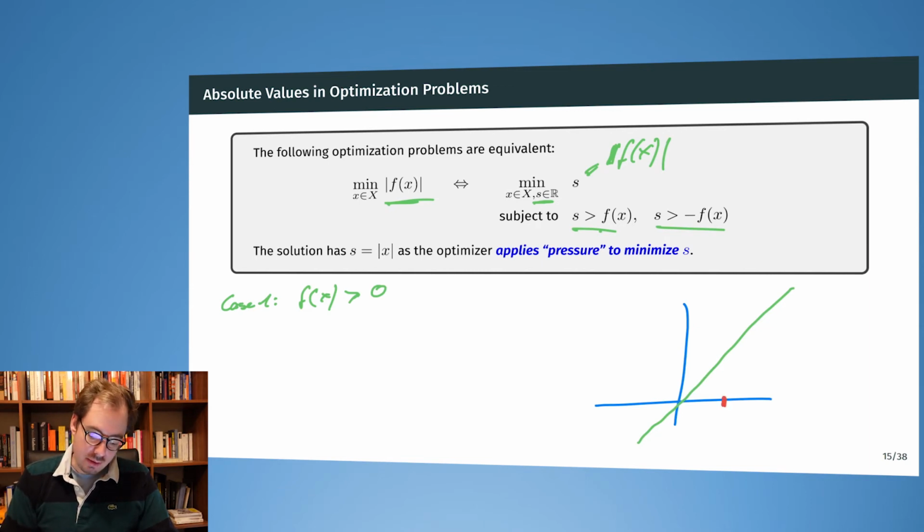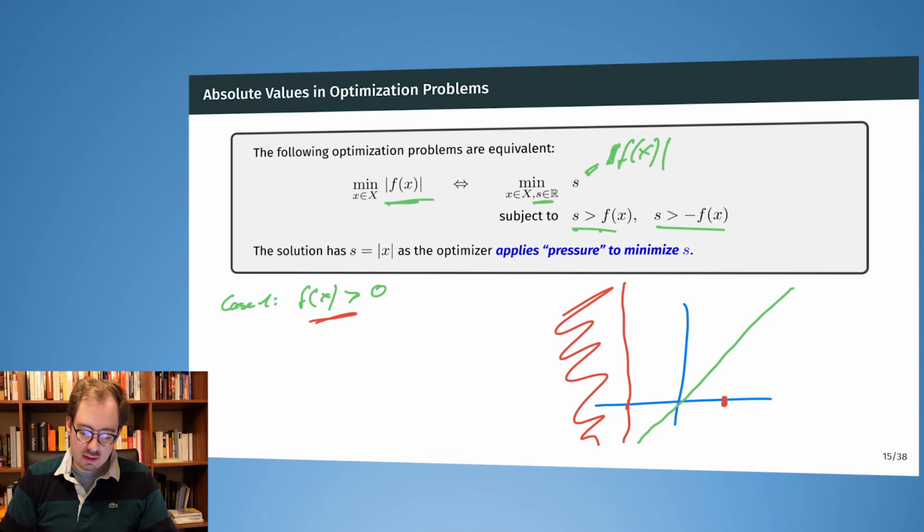Let's say f of x would have this magnitude, and then we require s to be larger than f of x, which would be here, because f of x is positive, as we said. And it has to be larger than minus f of x, meaning this area here, we are excluding it by the inequality constraint.